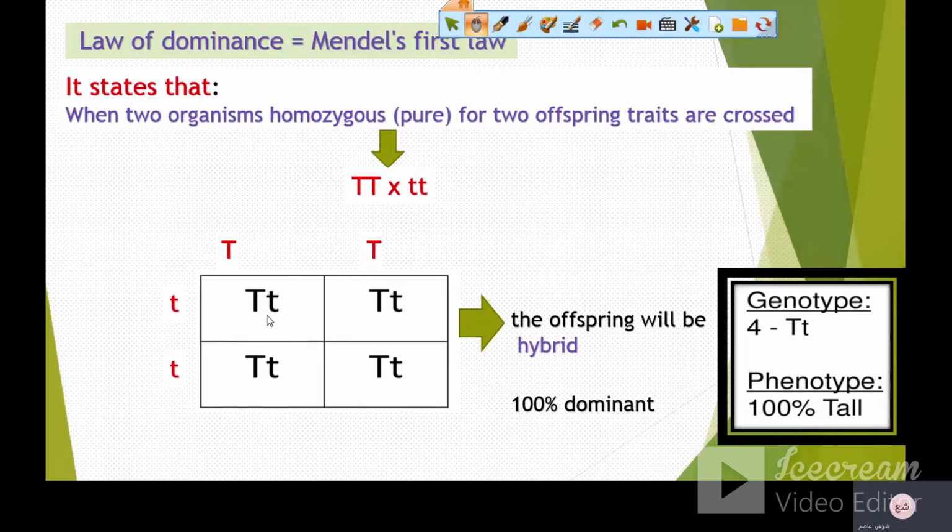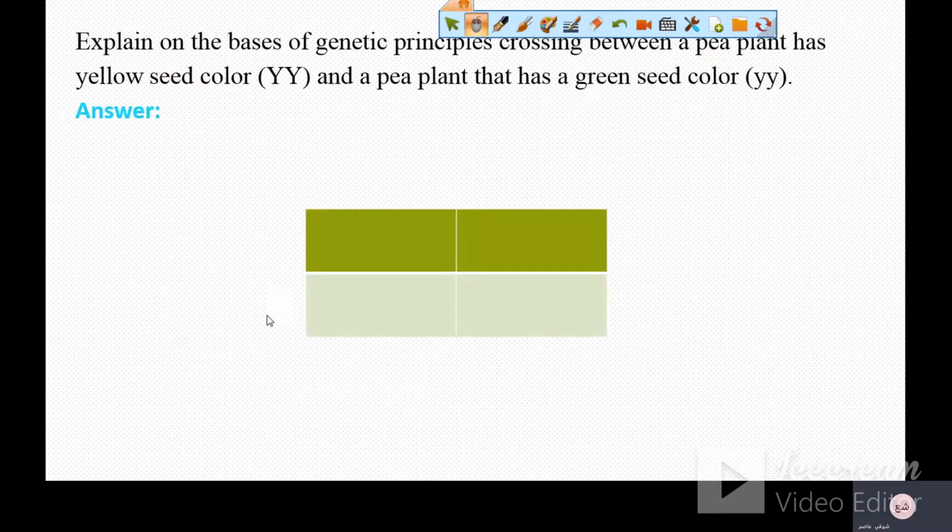I need to see an example. We need to solve a problem about the first law of Mendel, or the law of dominance. Look at this example. Let's read it together. Explain on the basis of genetic principles crossing between a pea plant that has yellow seed color, Y capital, and a pea plant that has green seed color.